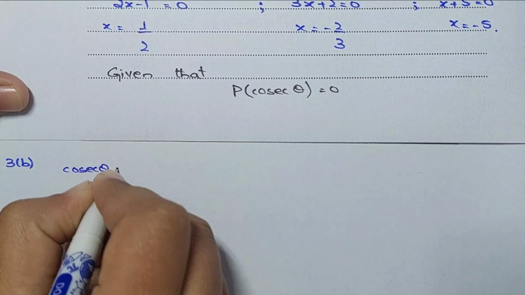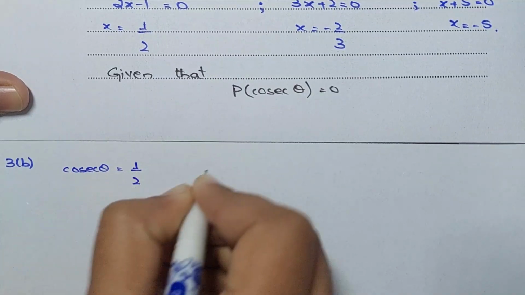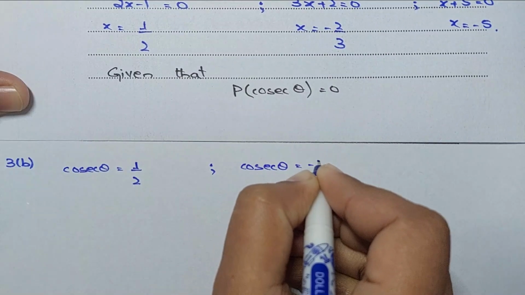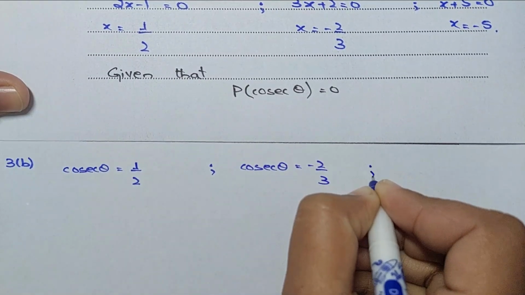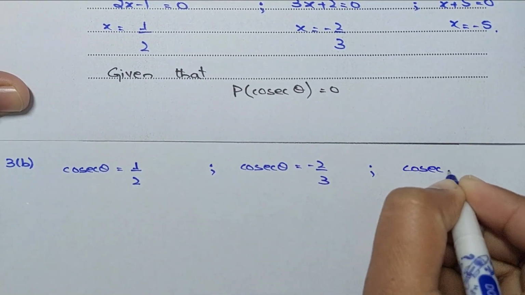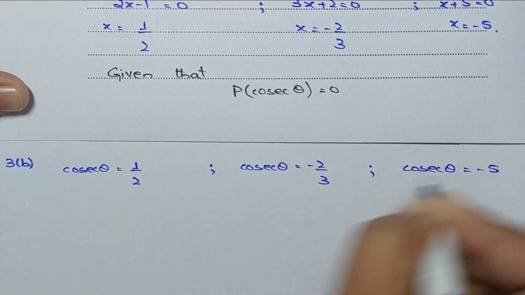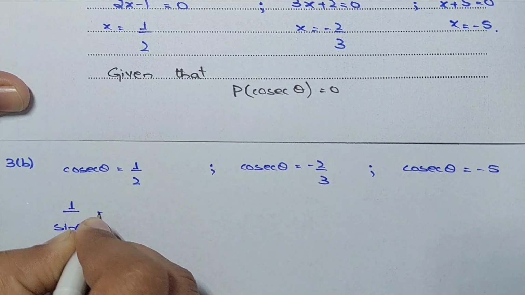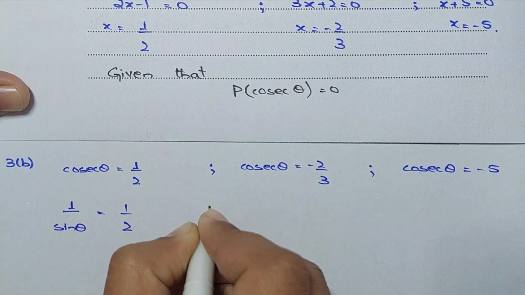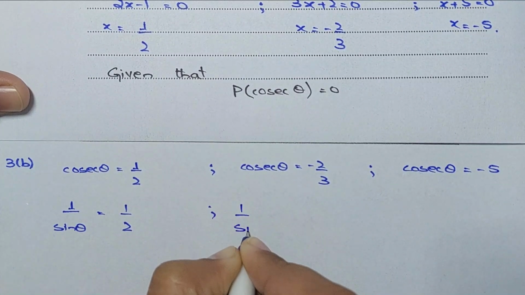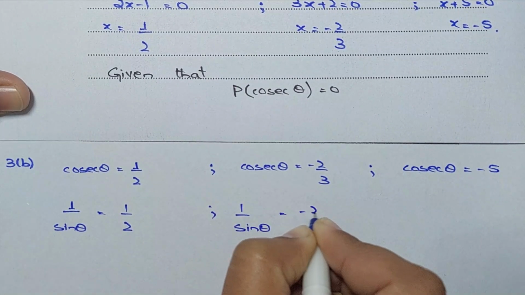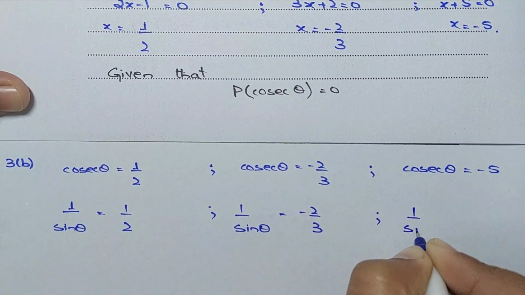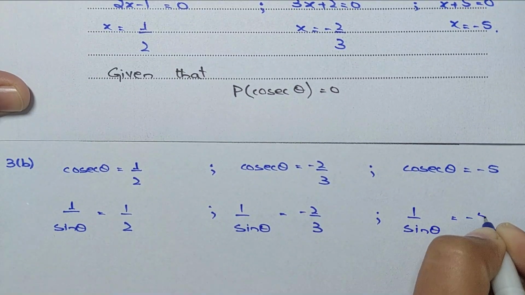We can say cosecant theta is 1 by 2, or we can say cosecant theta is minus 2 by 3, and the third is cosecant theta is minus 5. Cosecant is basically 1 over sine, so we can say 1 over sine theta is 1 by 2, 1 over sine theta is minus 2 by 3, and 1 over sine theta is minus 5.